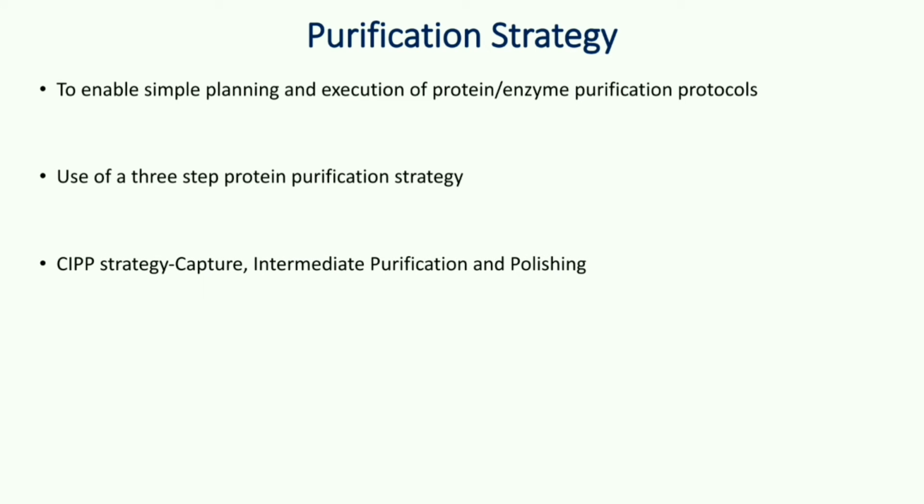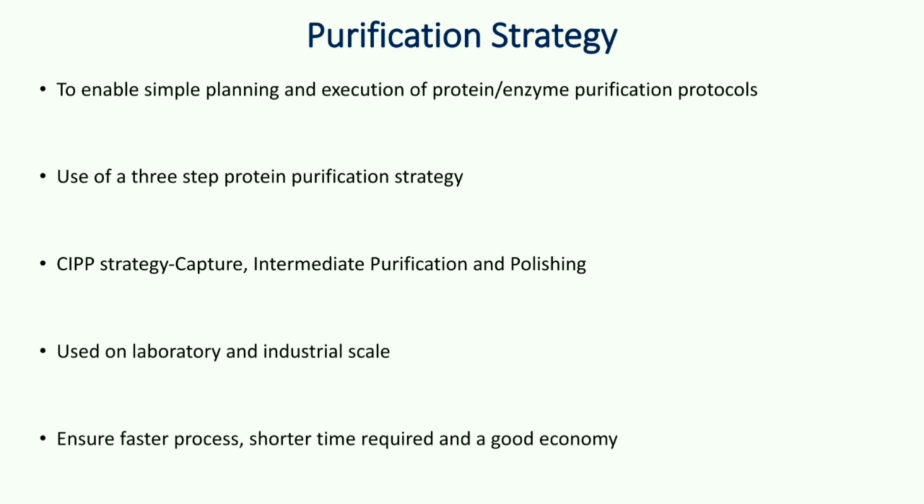It is known as the CIPP, or the capture, intermediate purification and polishing strategy. This CIPP strategy can be used on laboratory scale as well as on industrial scale. It mainly ensures a very fast process as it requires short time, and also it is economically favorable.